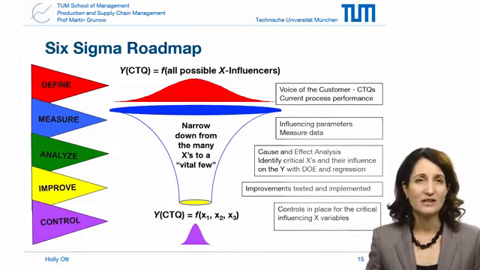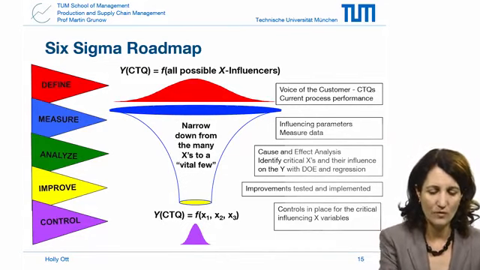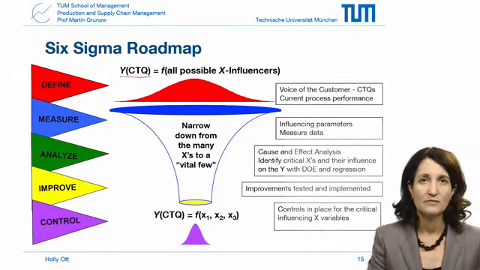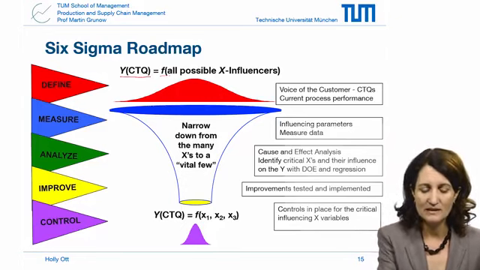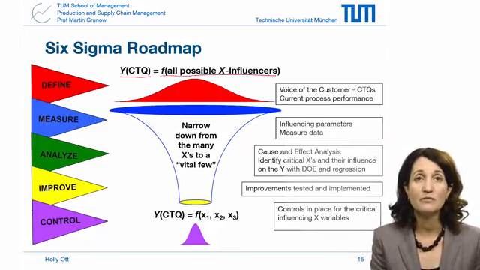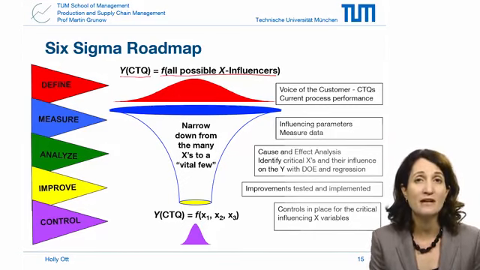Let's look again at our Six Sigma roadmap and our problem-solving strategy used in Six Sigma. Here we have Y equals f(X), where Y represents the critical to quality parameters that the customer values. And this is a function of the X influencers, the parameters that influence or affect the Ys.